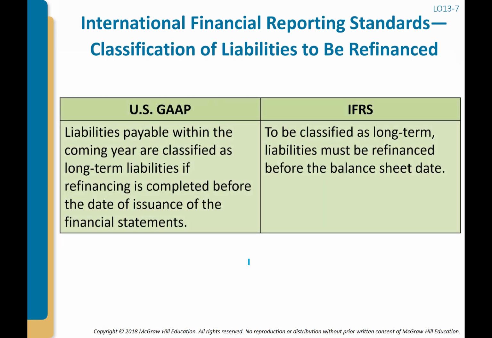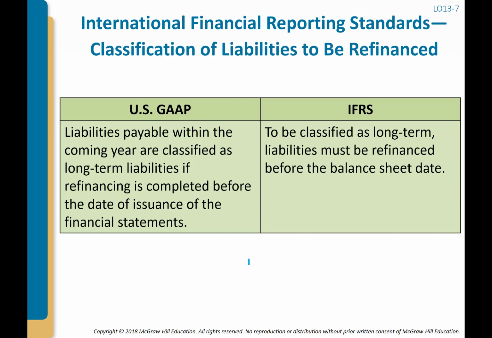Now, as I stated, U.S. GAAP lets us keep it, I shouldn't say reclassify, keep it as non-current under those requirements that we said. We've either refinanced by the date of issue or we have a non-cancelable refinancing agreement in place. IFRS says what? You have to actually refinance it before the balance sheet date.